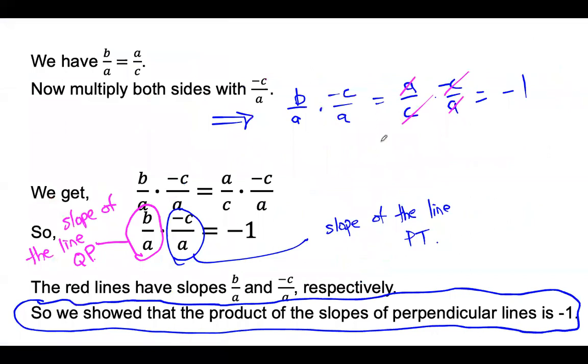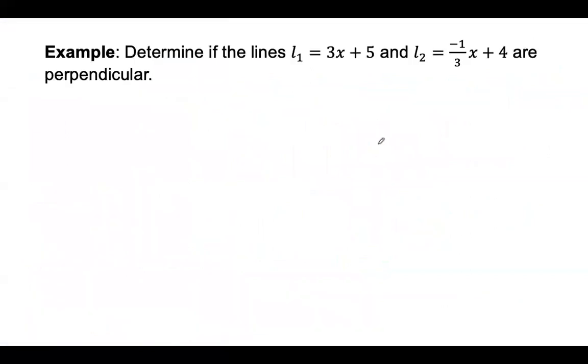Let's move on. Okay. So let's look at an example. We have these two lines. Are they perpendicular? You can do this along with me. If L1 and L2 are perpendicular lines, then what did we just learn?